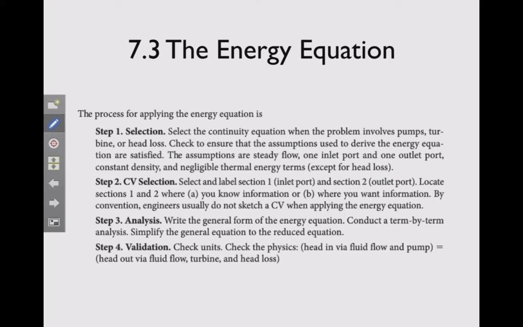Check to ensure that the assumptions used to derive the energy equation are satisfied, and you should be writing them down on your problems. The assumptions are steady flow. You can have at most one inlet and one outlet port. It has to be constant density, so it's going to be much easier to do these problems with liquids than gases.